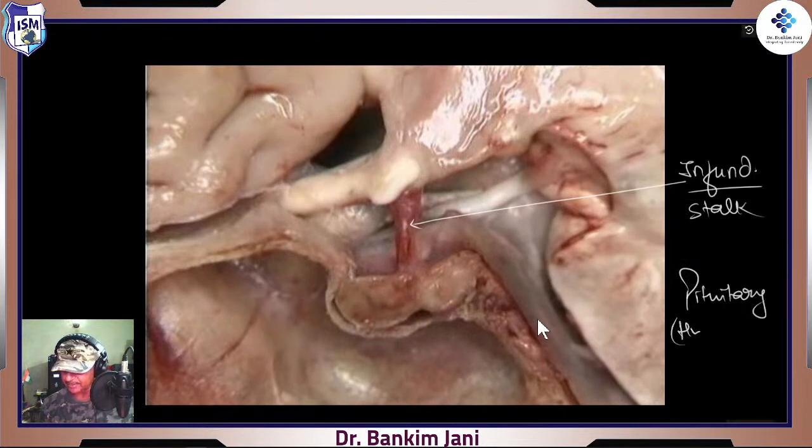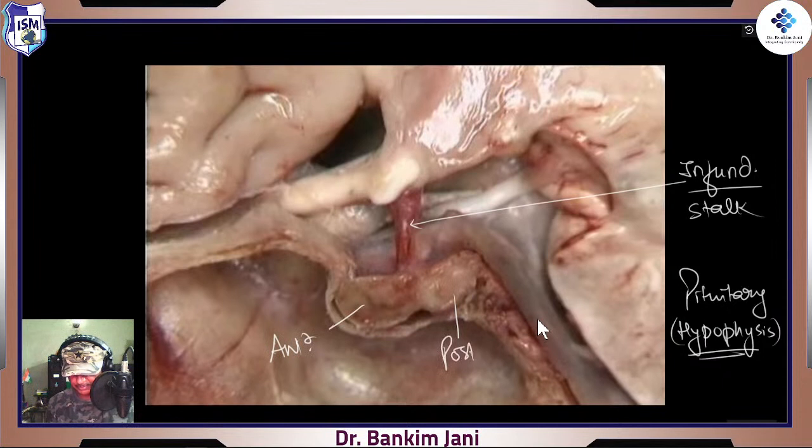That is another name. It has two parts, anterior and posterior. Here it is anterior, and this is posterior. That's where they are lying, and that's the stalk which will be passing through the dura.